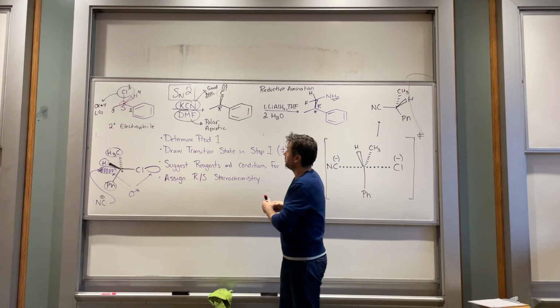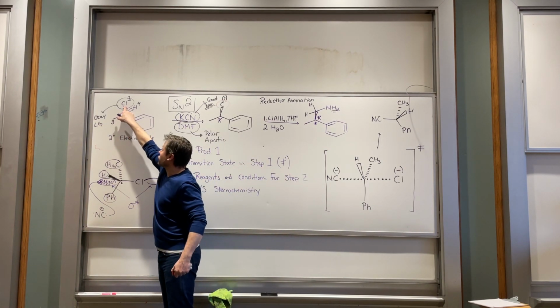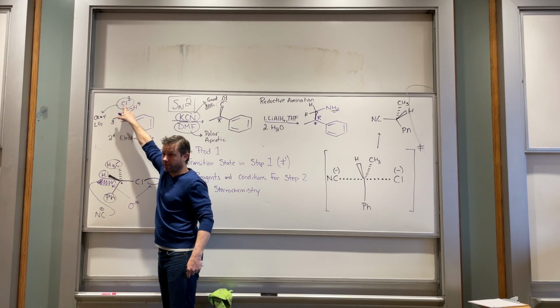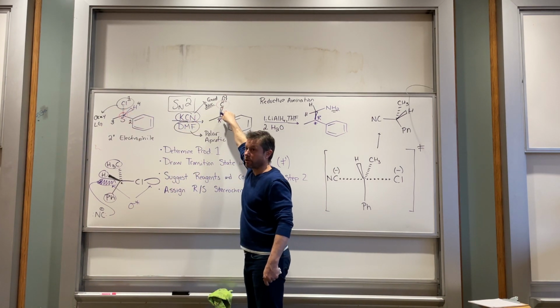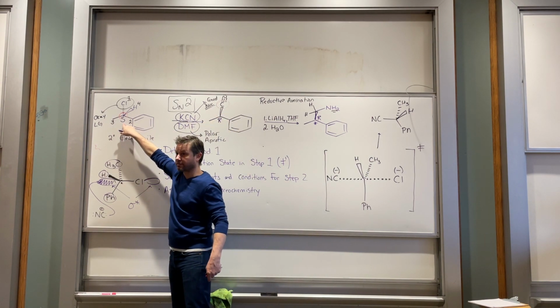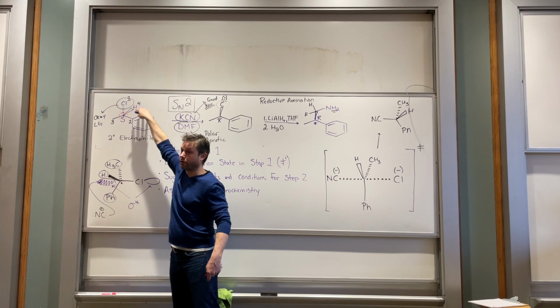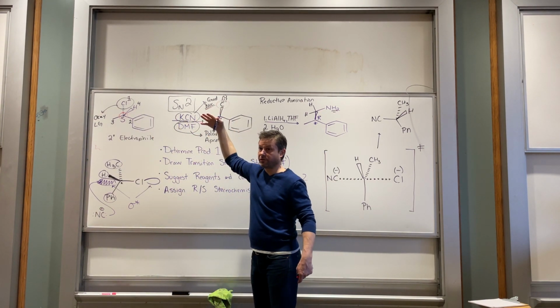I did that because I know that chloride is the high priority group here, and cyanide is going to be the high priority group here, and all the other priorities are going to stay the same. So if this is S, the high priority group is going back into the board. Here, the high priority group is coming out of the board, so that's going to be R.